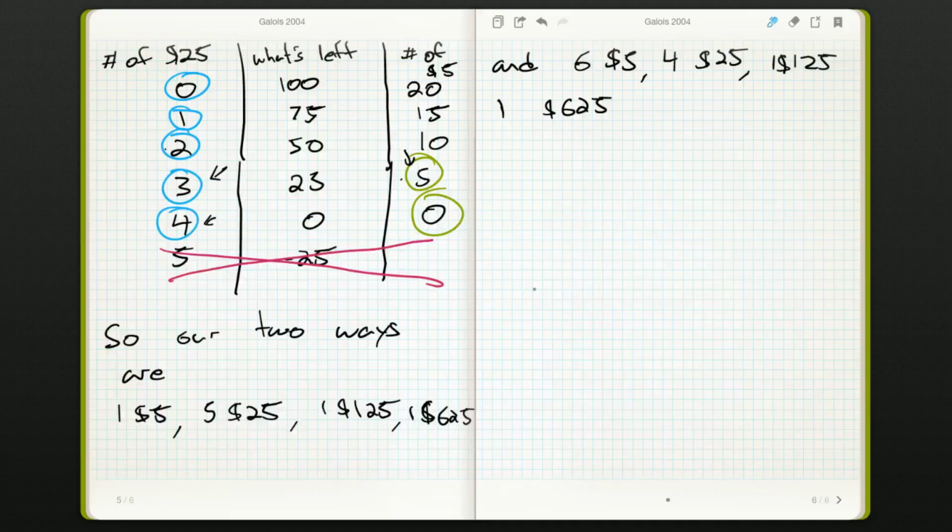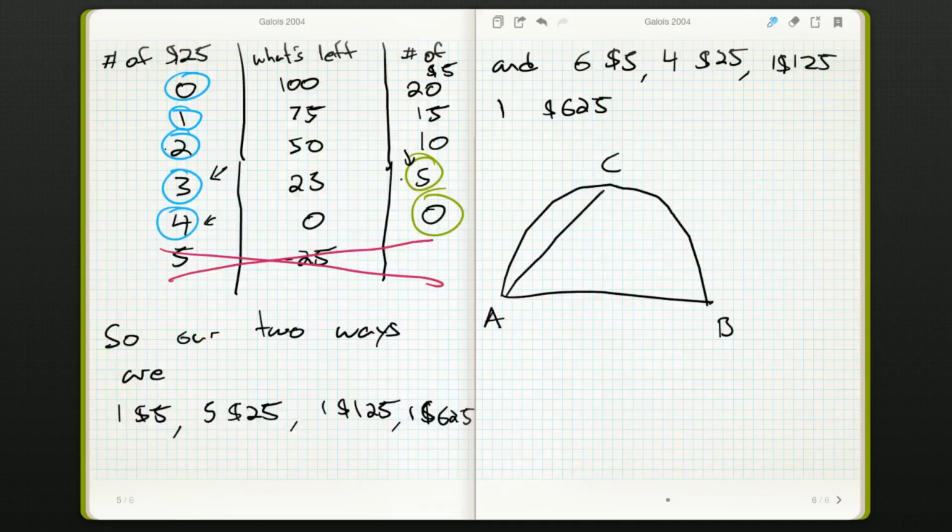Okay, so I'm going to redraw my picture. We've got A, we've got B, we've got C up here. It's a right angle. I know these are the same length, and this is 8. Okay.